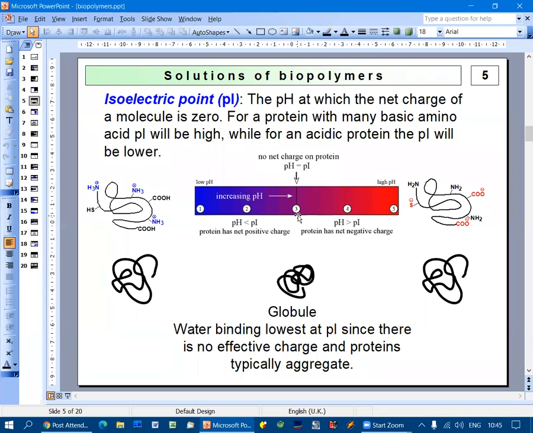At the isoelectric point, a molecule of a protein has a very specific property. First of all, it doesn't have a charge at all.